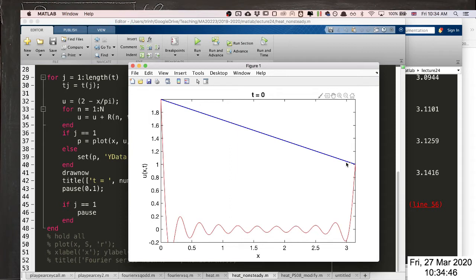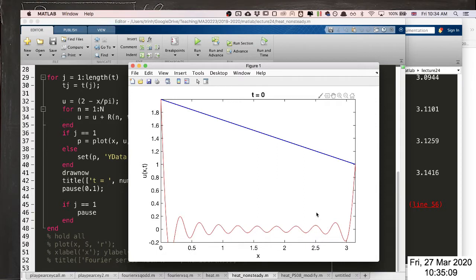This is the curve that we derived previously. It's just the line that connects temperature 2 with temperature 1. Remember that the boundary conditions for this problem are that the temperature on the left-hand side is 2 and the temperature on the right-hand side is 1. And the initial condition is such that it starts off at 0. So this is a solution that looks approximately like 0 at time t equal to 0.